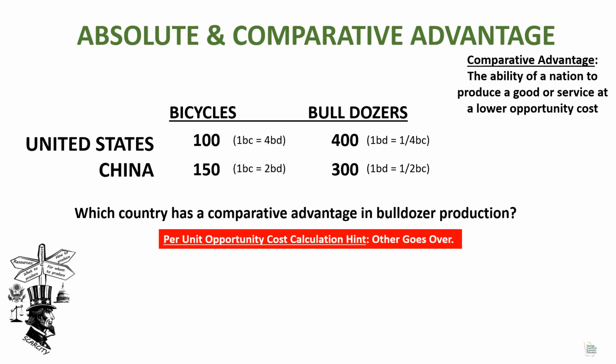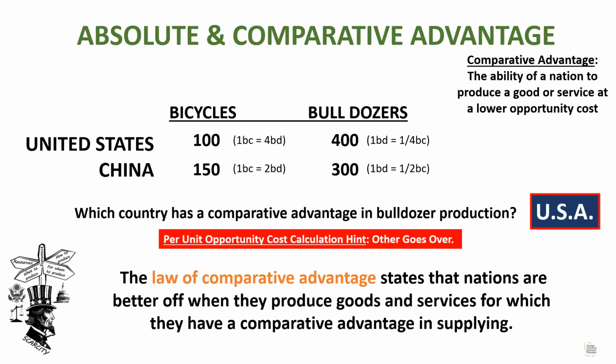So which country has a comparative advantage? In other words, at a lower opportunity cost? It would be the USA, because 1/4 is less than 1/2. So they give up less. If you look at the other side here, I know this may be confusing, but hopefully you are starting to understand what they're willing to give up.